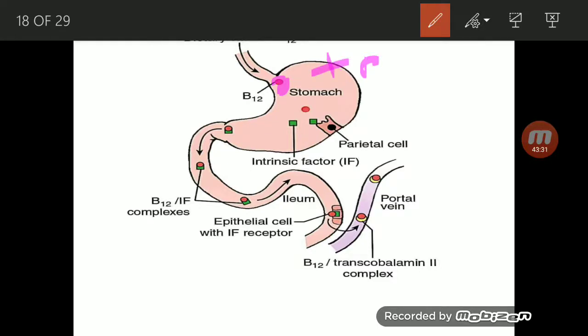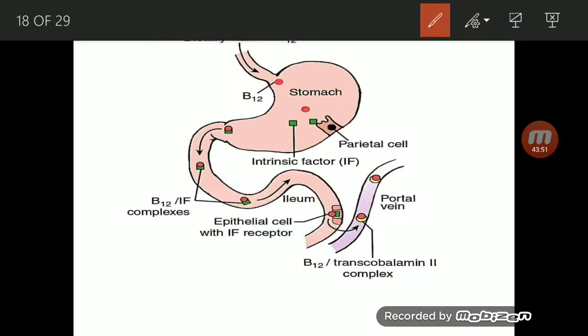So when it reaches your stomach, pepsin acts on your food source and cleaves off your protein from your vitamin B12.